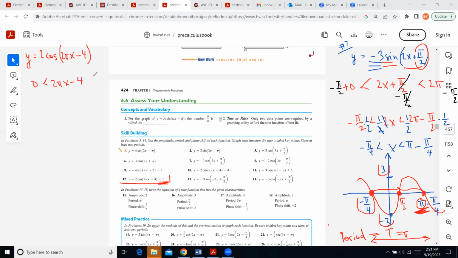We're going to pull out x. So I start out the same way for all of them. I surround it by 0 and 2 pi. So then we can actually add 4, right? Because it's -4, so I have to +4.